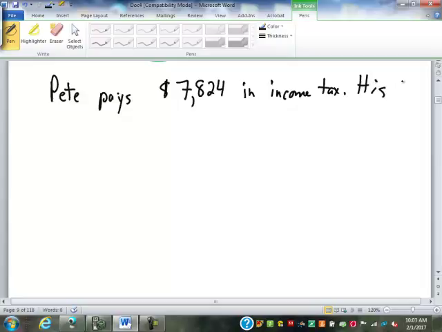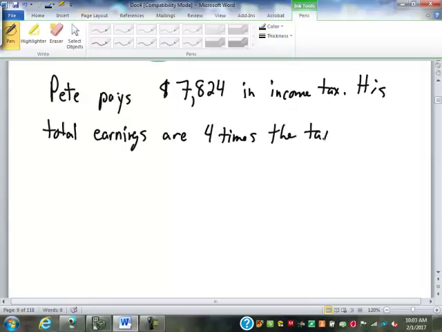Pete's total earnings are 4 times the tax. How much are his total earnings?